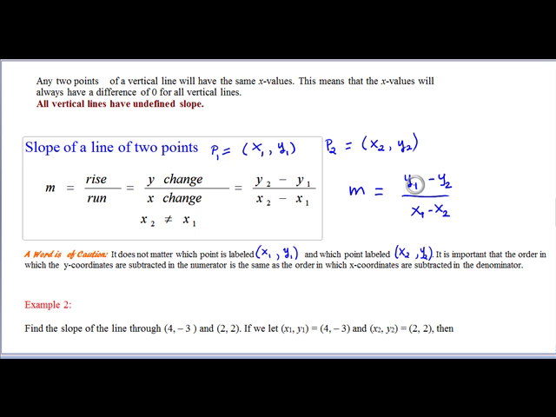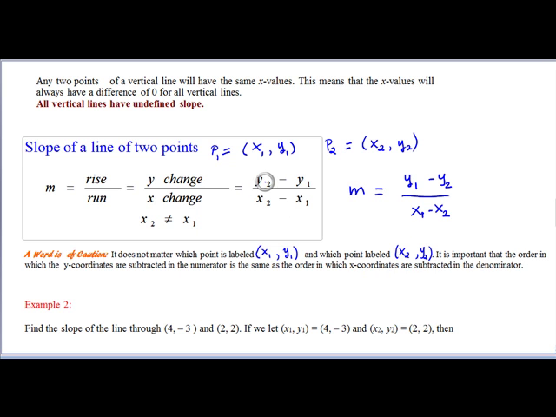The most important thing to remember is that the order in which the y coordinates are subtracted in the numerator is exactly the same as the order in which the x coordinates are subtracted in the denominator.